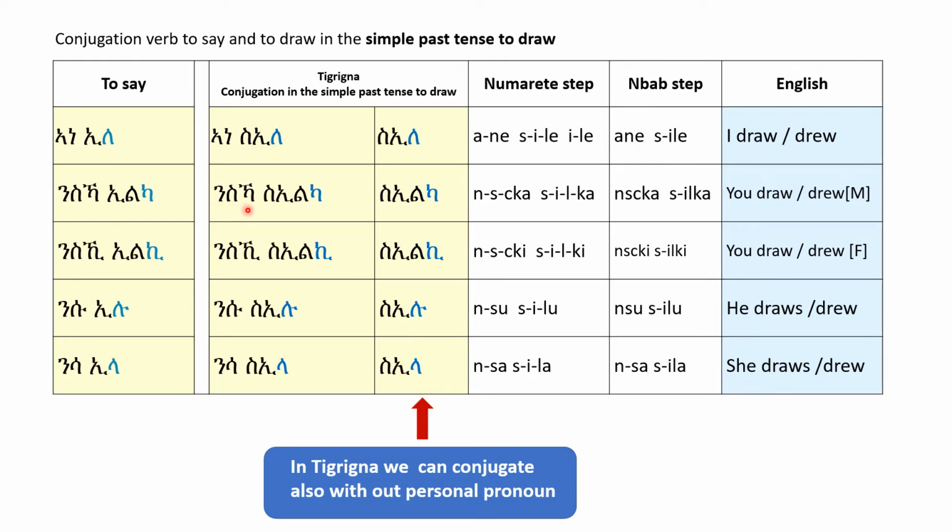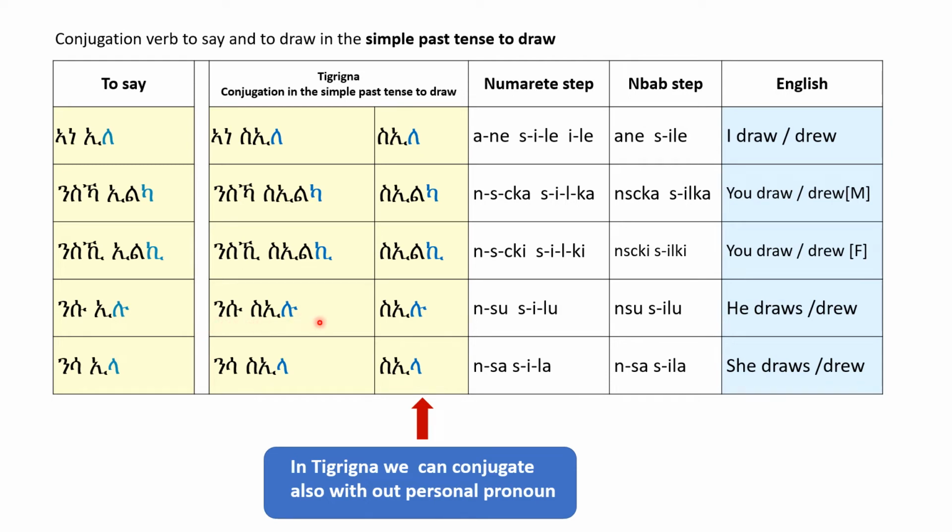Ane, si ile. Nisra, si ilka. Nisri, si ilki.